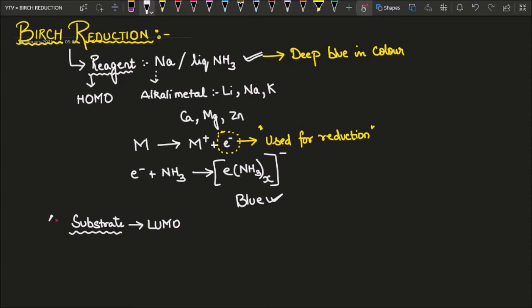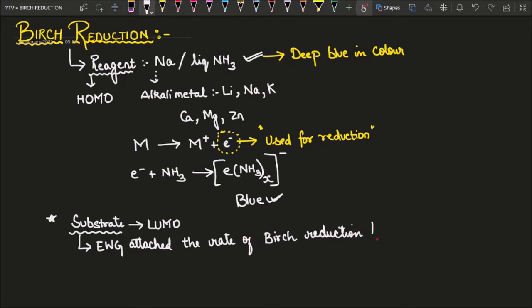One more important aspect to note is that if the substrate has any electron withdrawing group attached, then the rate of the reaction will increase. The rate of Birch reduction will increase because the substrate's LUMO is involved in the reaction.